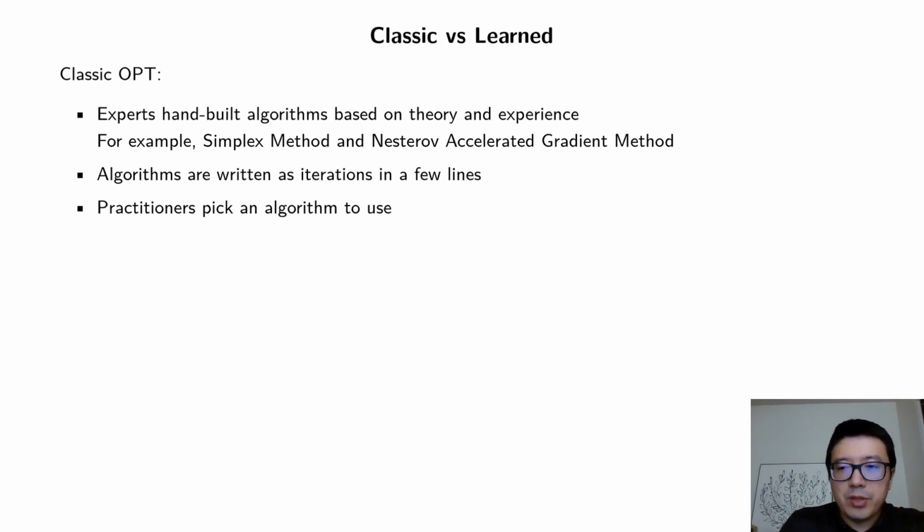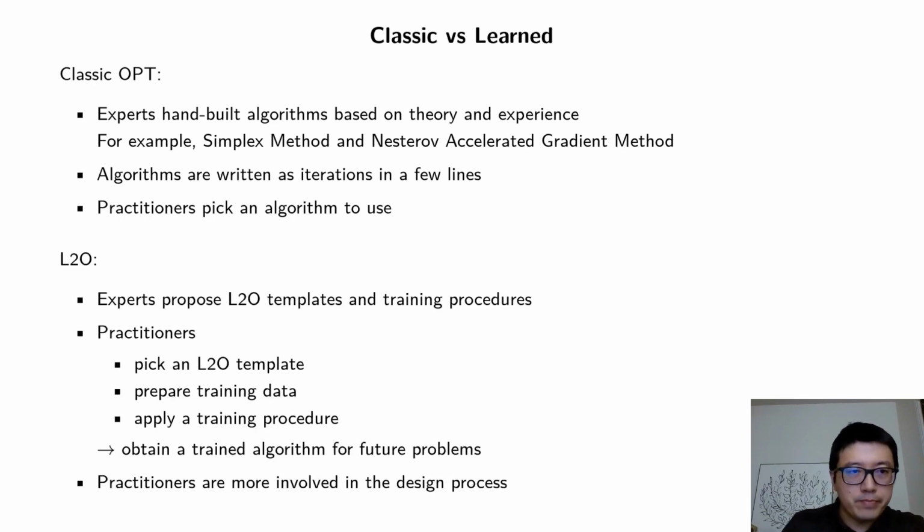These algorithms can usually be written in several lines. In the case of Nesterov, you can write it down in 2 lines. And when it comes to applying them, the practitioners will have a problem at hand and they usually reformulate the problem into the form that one of these classic optimization algorithms can solve, and then they pick the algorithm. They may have 1 or 2 parameters to tune, but that's it in terms of tuning.